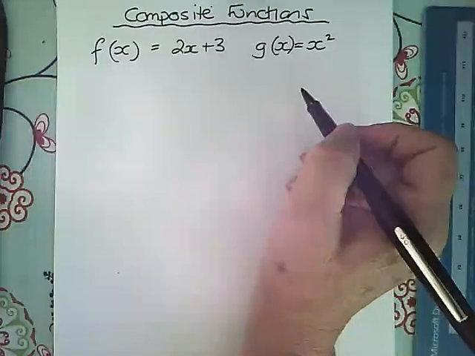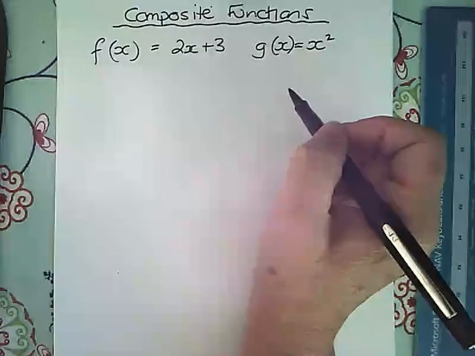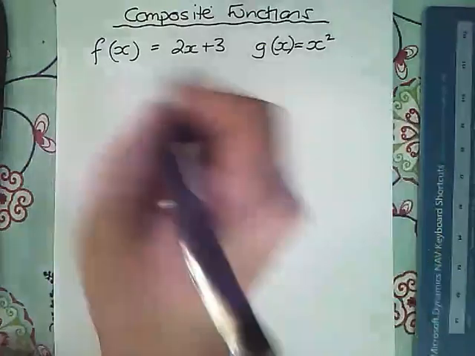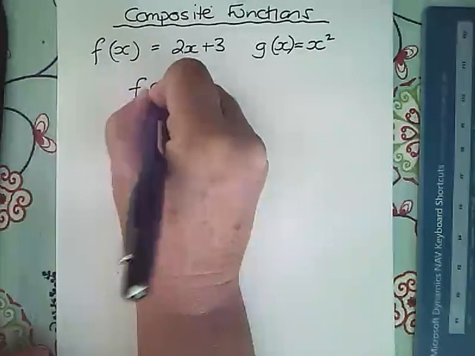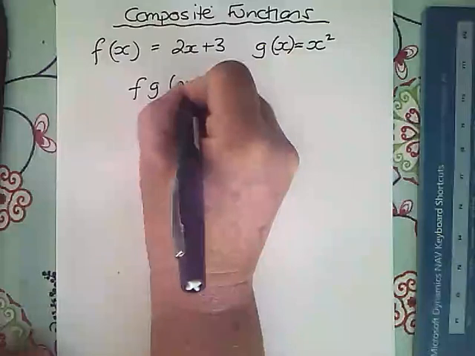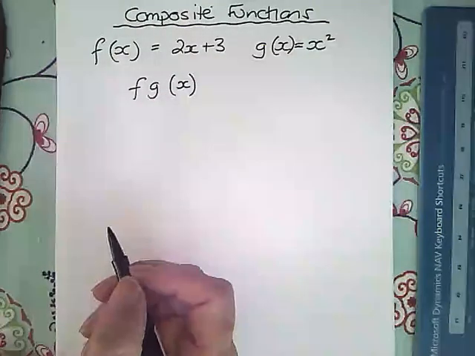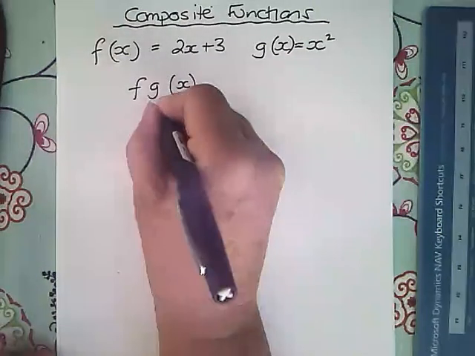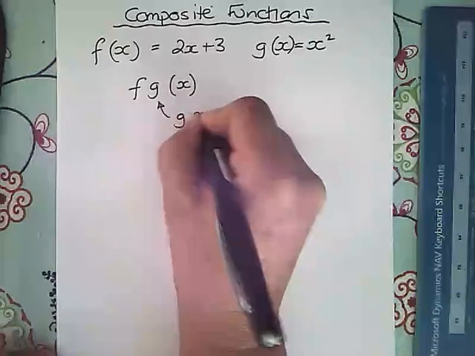So with a composite function, you have to do two or more functions, one after the other. And that is written like this. fg of x, and that's how we would say it, fg of x. And this means you do g of x first.